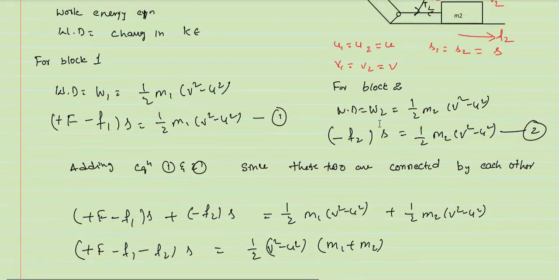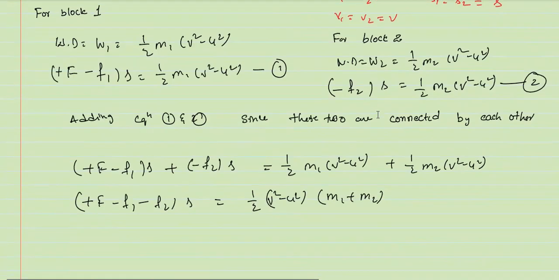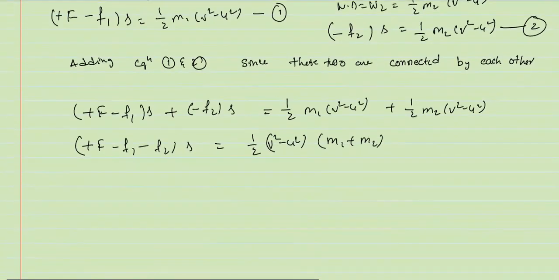This is nothing but sigma Fx, that is the sum of forces along the X direction. Since all the forces are in the X direction, the net force is in the X direction. So I can say that this is sigma Fx into S.